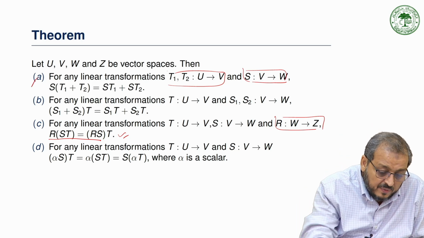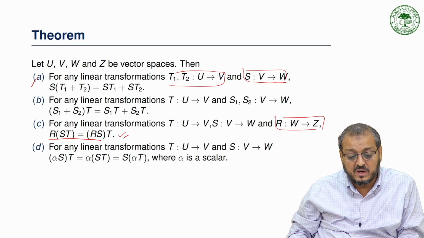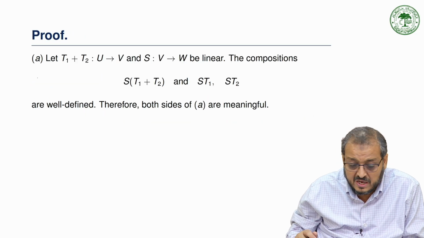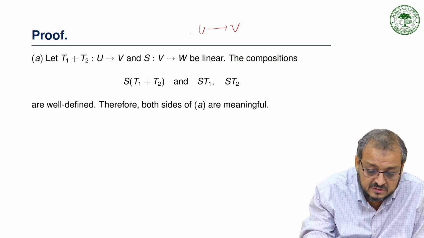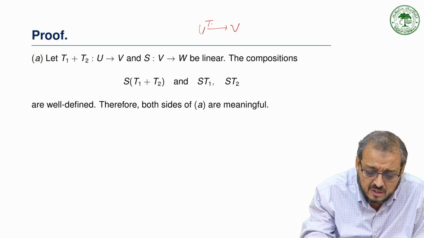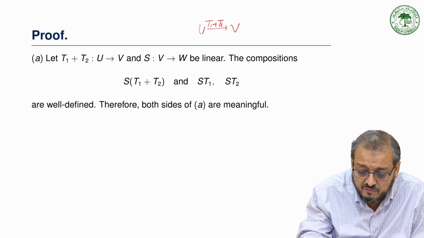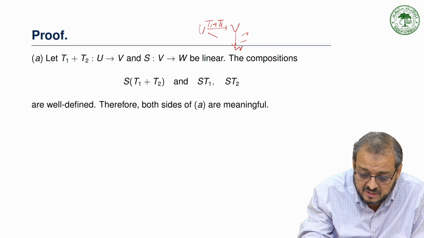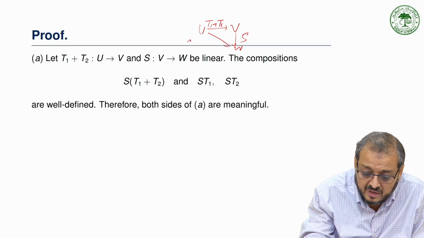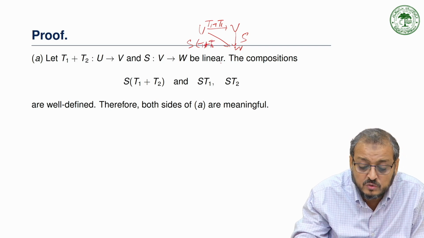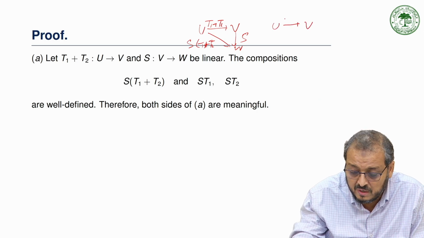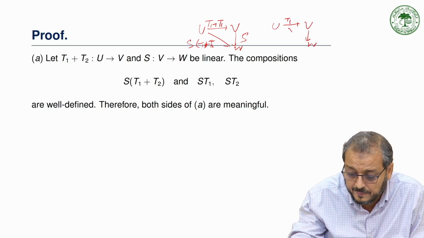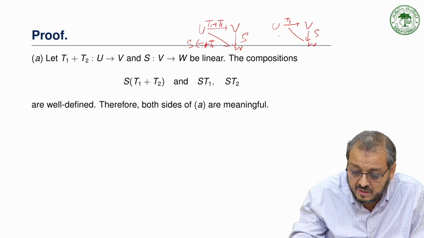Okay, so we start from part A, where T1, T2 are linear maps from U to V. T1 plus T2 is also from U to V, and S is from V to W. Then clearly S composed with T1 plus T2 is defined. Also, take U to V by T1 and then V to W by S, which gives S of T1.